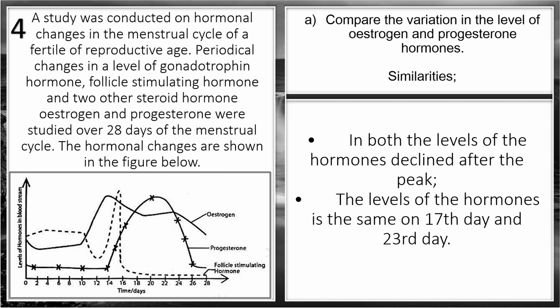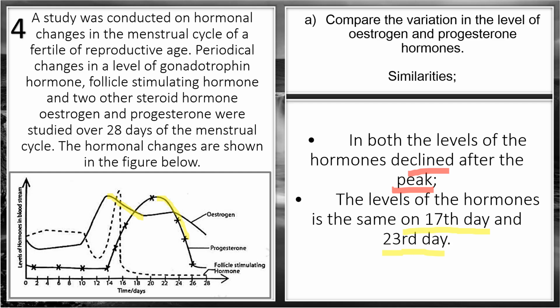In both levels, the hormones declined after the peak. So when you look at them, you will see that everyone after the peak was declining. Estrogen declined, and also progesterone after the peak, it also declined. And the level of the hormones is the same on the 17th day and on the 23rd day.